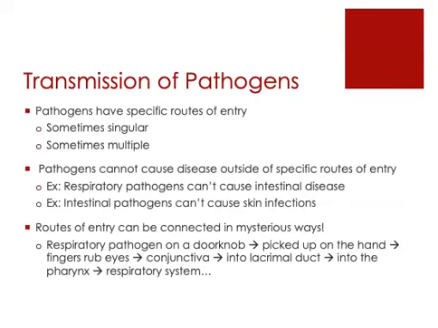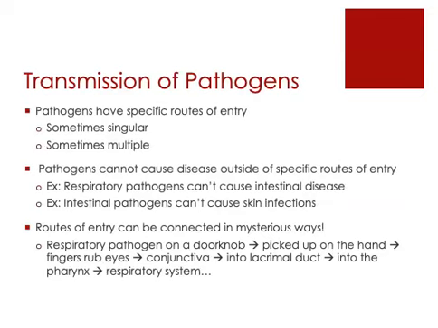So, a respiratory pathogen like the coronavirus that has been placed on a doorknob gets picked up by the hands of a potential host, and then that person rubs their eyes with those contaminated hands, and the pathogen then gets transmitted onto the surface of the conjunctiva.